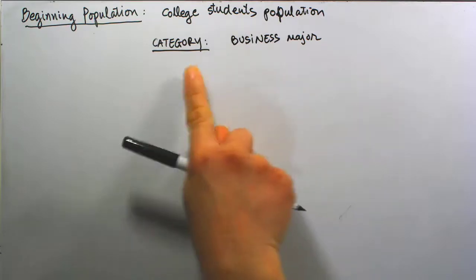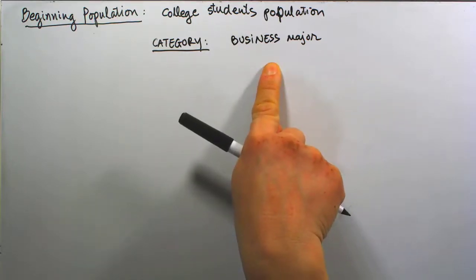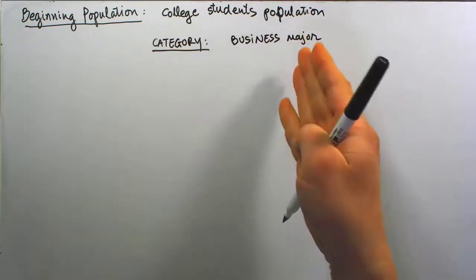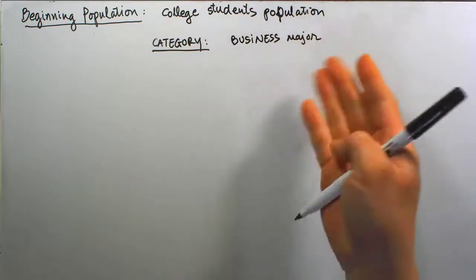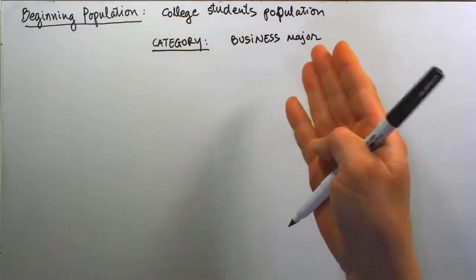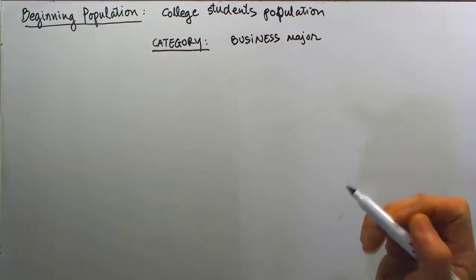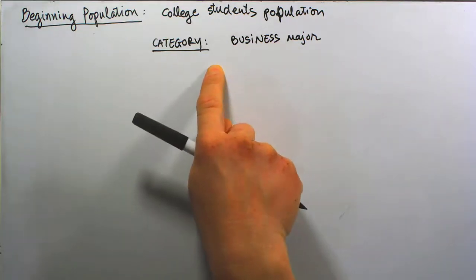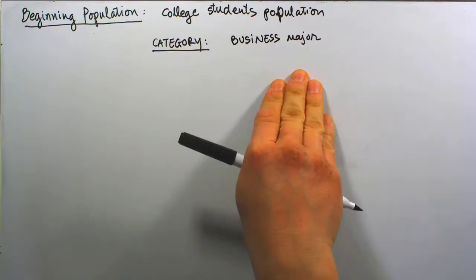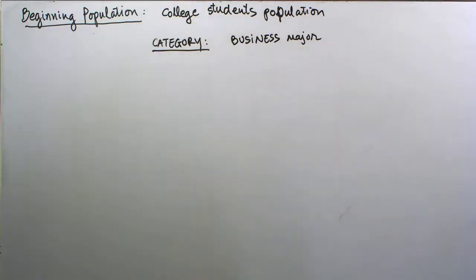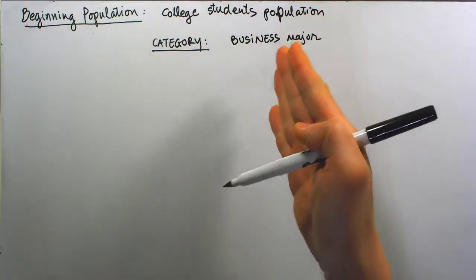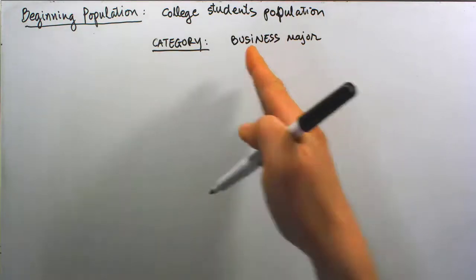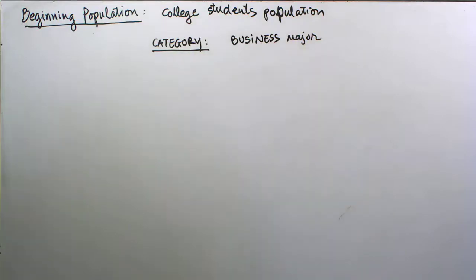What matters for our study is that among the college students, whoever is in the business major, there are so many different fields in a business major, but let's keep it simple. As long as you are a business major, you're under that category. What only matters in this current study is whether a student is in the business major category or outside of it.